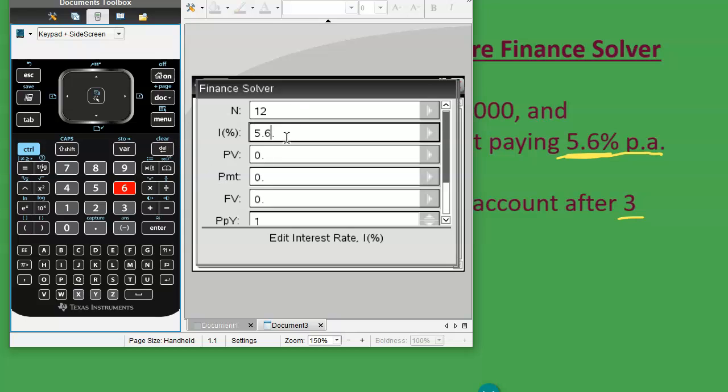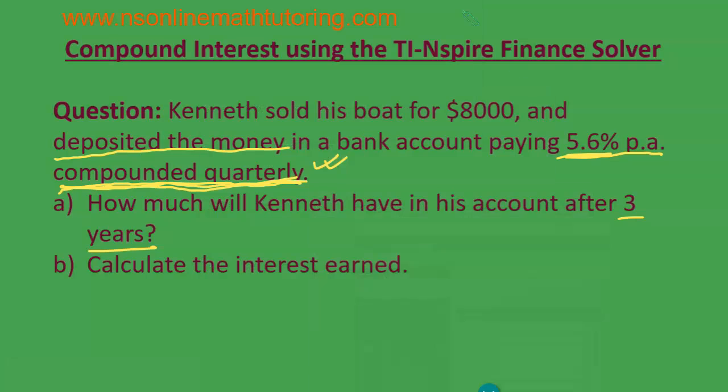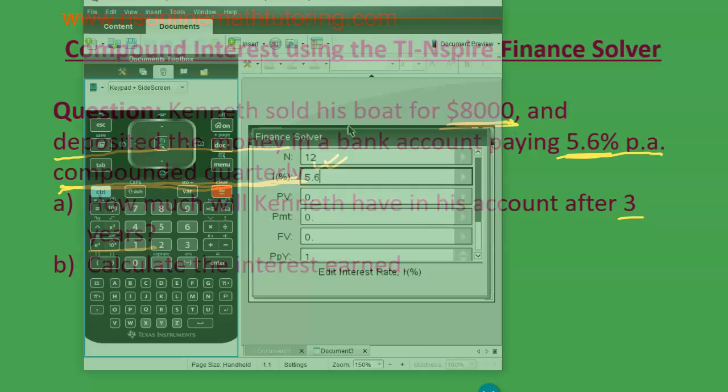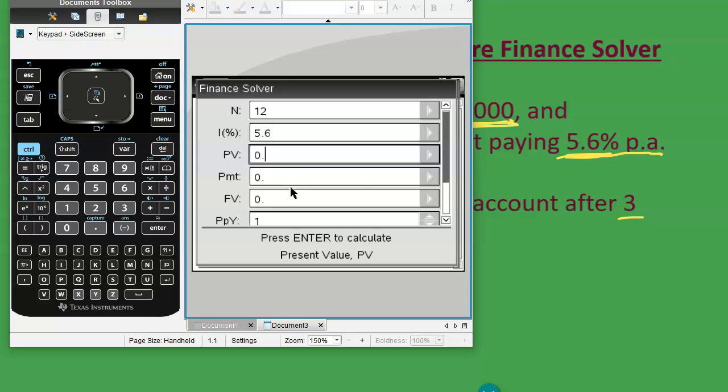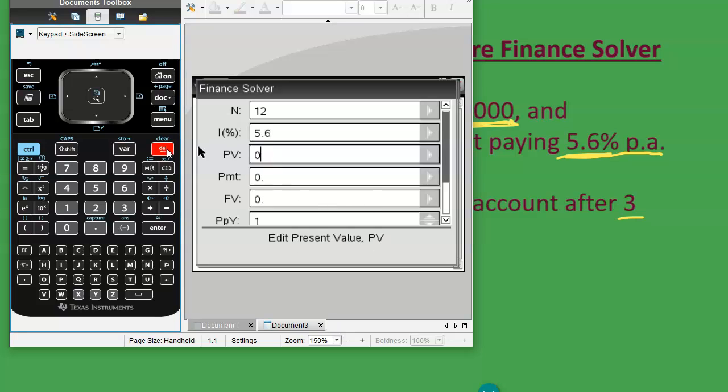And there is one more point over here. Yeah. So 5.6. What is PV? PV is the present value of our investment, which is equal to 8,000. See, $8,000. Kenneth is investing $8,000 in a bank. Now, this will be equal to 8,000, but we will be writing negative 8,000.